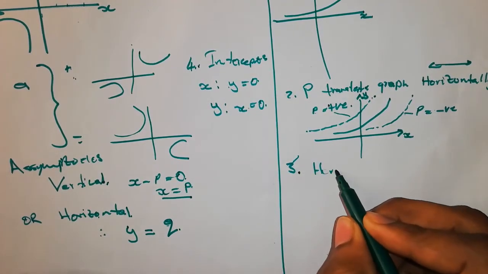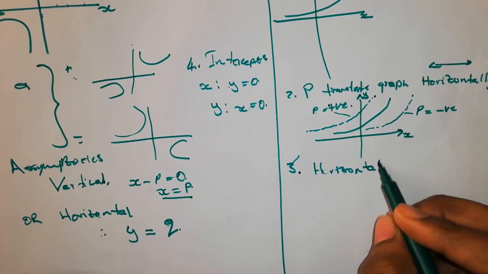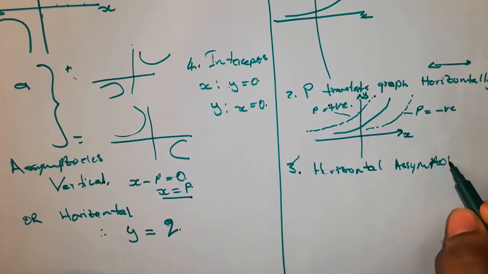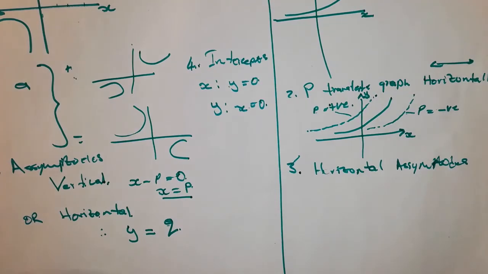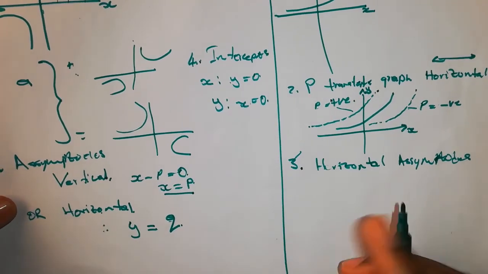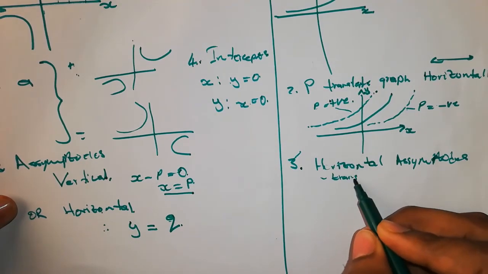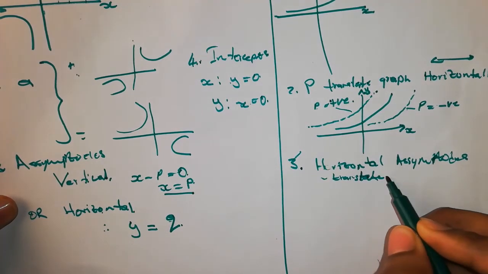The third thing that you need to realize is the horizontal asymptote. And remember, when you talk about asymptote, you are talking about a line that the graph will never touch.